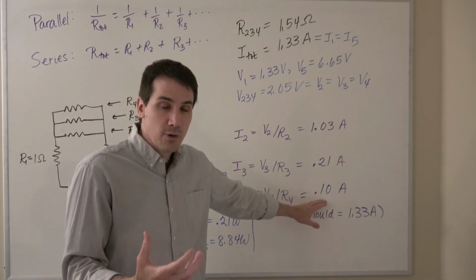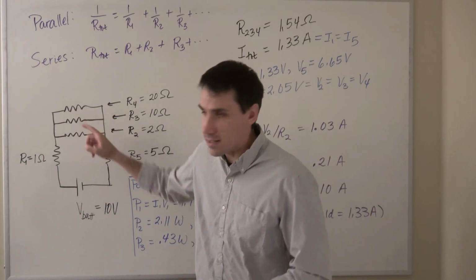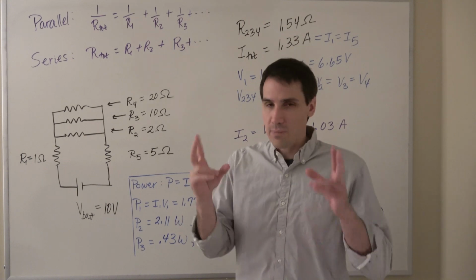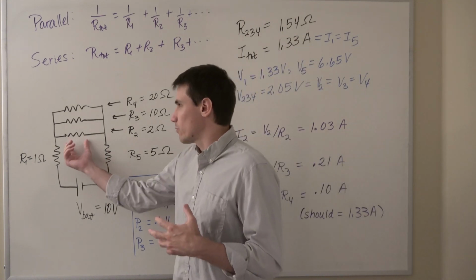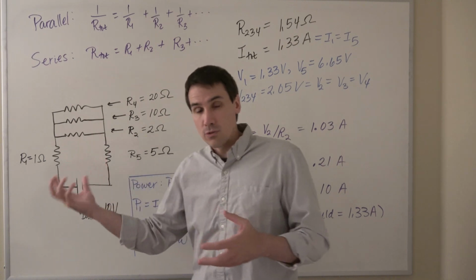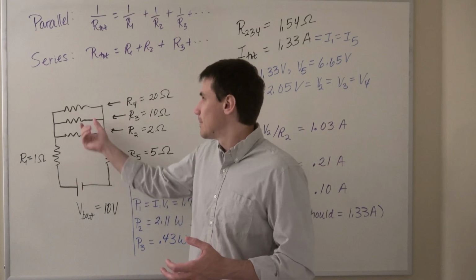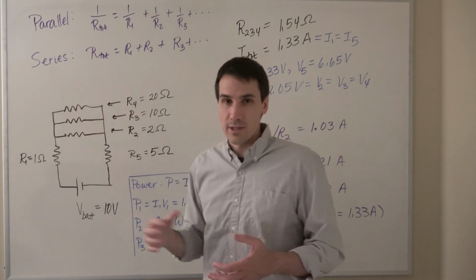I4 is very small. Why? Because the current has to split between these three resistors, and the current will naturally go through the path of least resistance, which means you're going to get more current through the lower value resistors. So the 2 ohm resistor is going to have more current through it than the higher resistance resistors when they are in parallel.